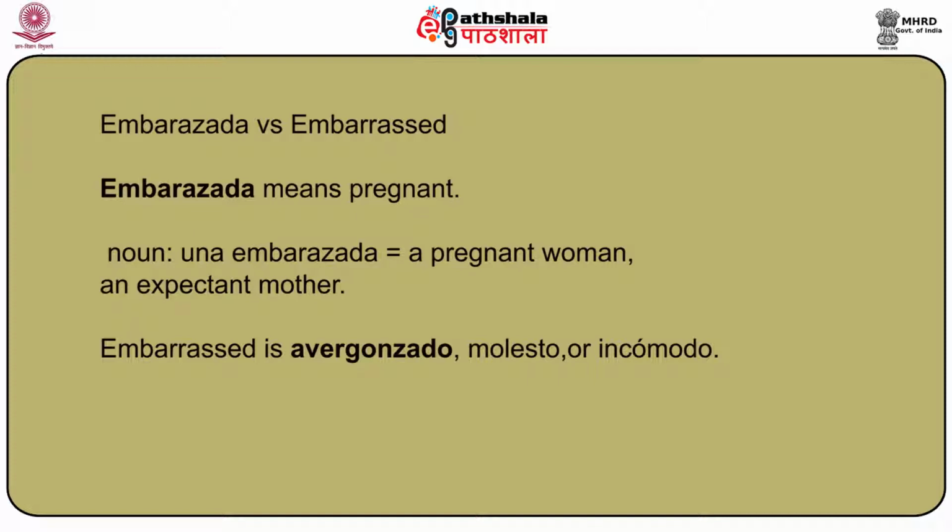So, if you are embarrassed, in Spanish you are to use avergonzado, molesto, or incómodo. Estoy avergonzado, estoy molesto, estoy incómodo. Embarazada only a woman can use for the time when she is pregnant. Estoy embarazada.